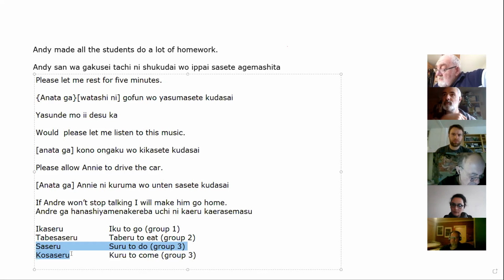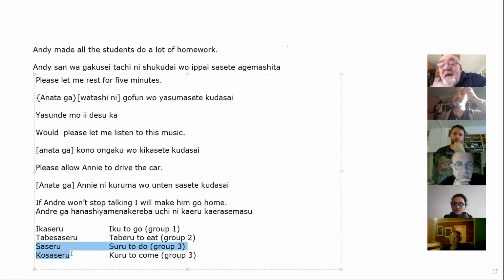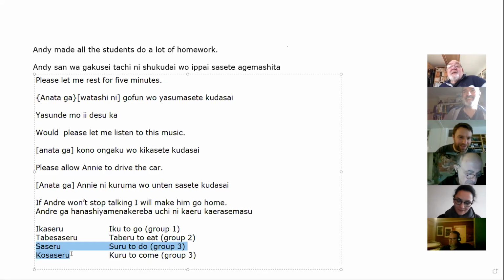Except the te-form, of course. The te-form and ta-form are a pain, which is why we did them early. Do you realise that's a 20 letter word there? Hanashiyama nakareba. It's a bit of a whacker, isn't it? Twenty letters. Oh dear. What was the other one we had a few weeks ago on a Sunday?